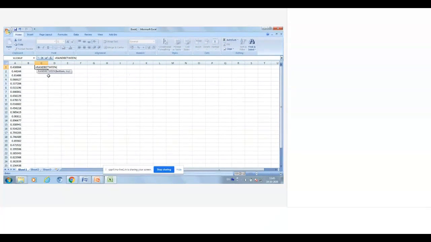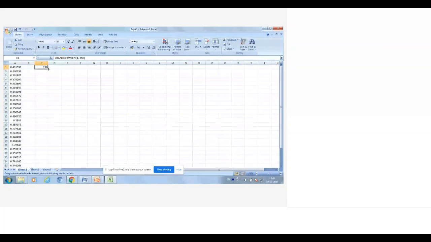Suppose we have a population of size 250, then we use the formula RANDBETWEEN with 1 comma 250 within the bracket. It will give a number between 1 and 250. If we want a sample of size 30, then again the same process gives 30 random numbers between 1 and 250.